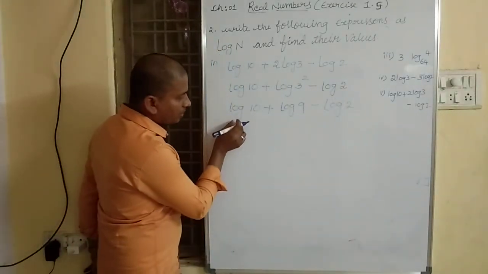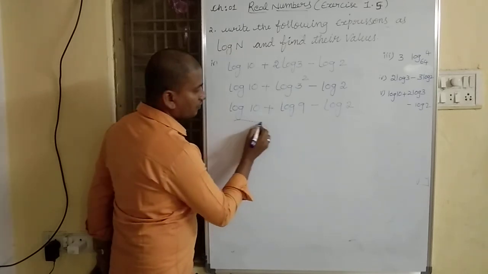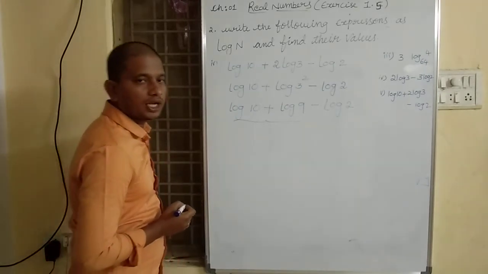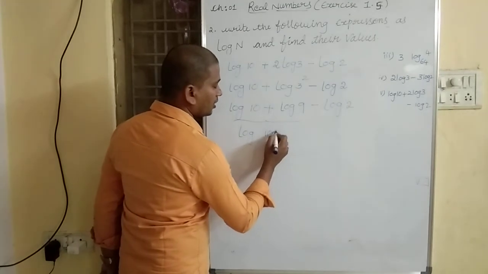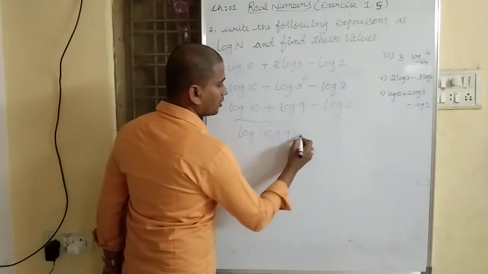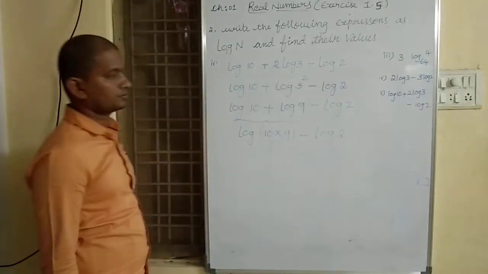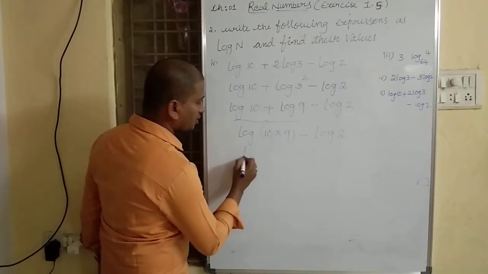See, which is in the form of log a plus log b. I can write as log a into b. Log 10 into 9 minus log 2. Log 10 into 9, 10 nines are 90.